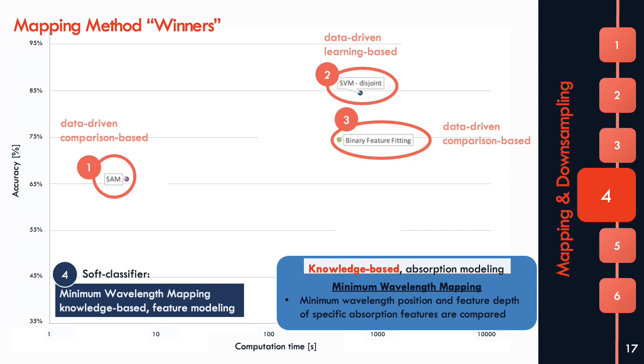And for my soft classifier methods, I used the minimum wavelength mapping, which is a knowledge-based feature modeling. And this looks for the position and feature depth, the minimum wavelength position and feature depth of a very specific absorption feature, and those are compared. And these are the 4 different methods that I used for my sensor complexity reduction to find out which sensor is optimal and which method is optimal.